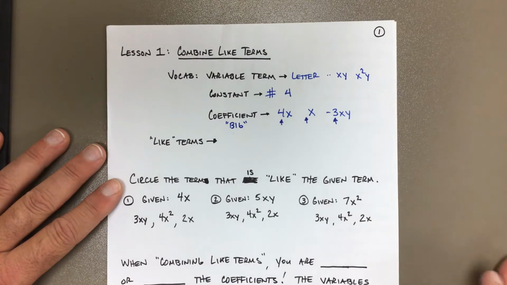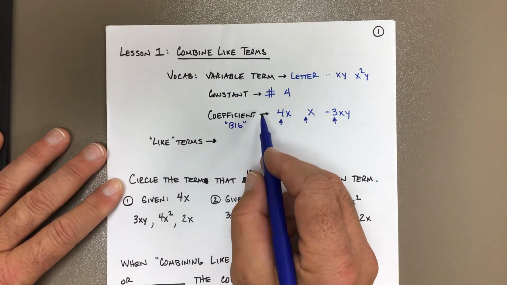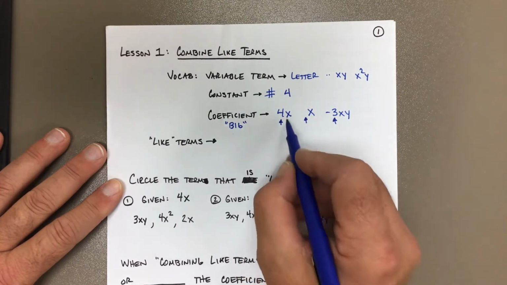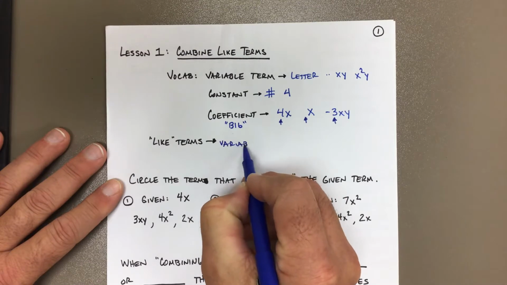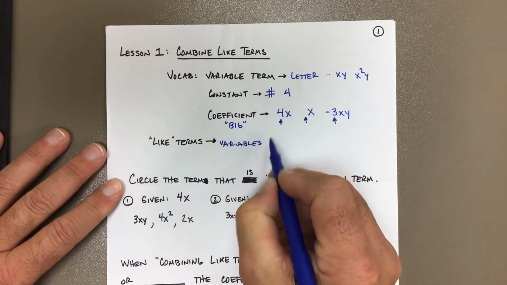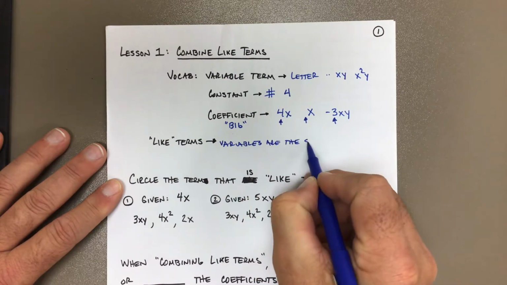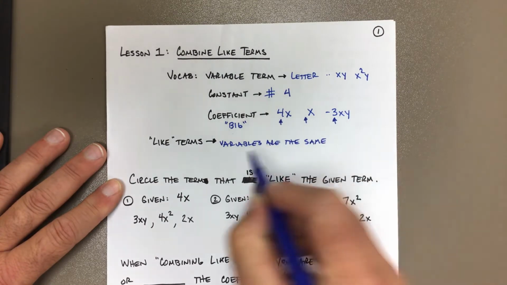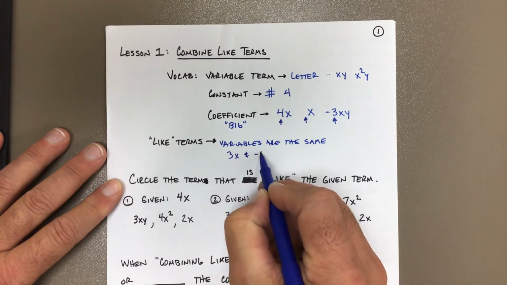All right? Like terms just means that the variables are alike, that the variables are the same. And it could be as simple as x terms, so 3x and negative 4x.